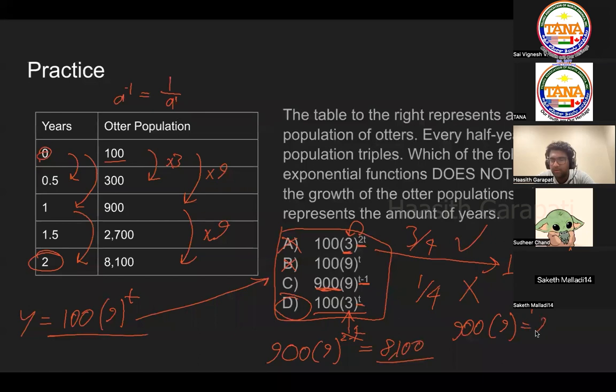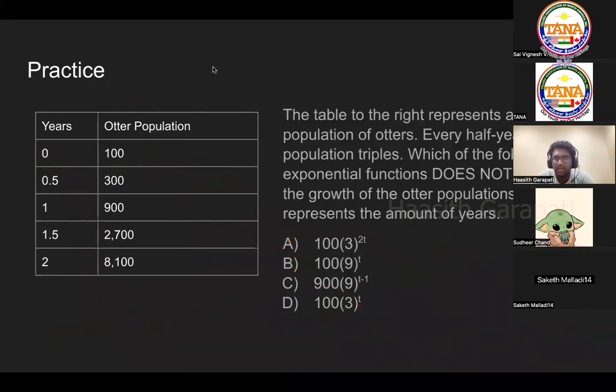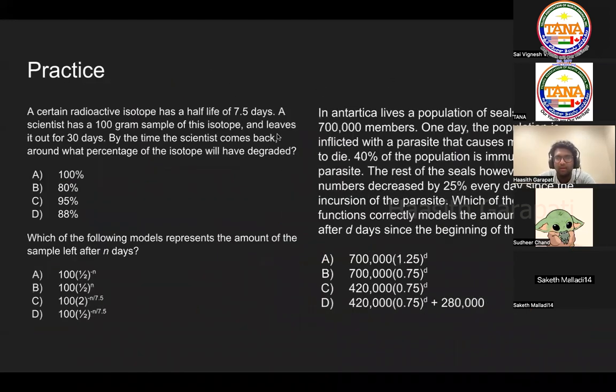So this is actually equal to 900 times 1 over 9. And look at that, that cancels out to 100. Our starting population is 100.